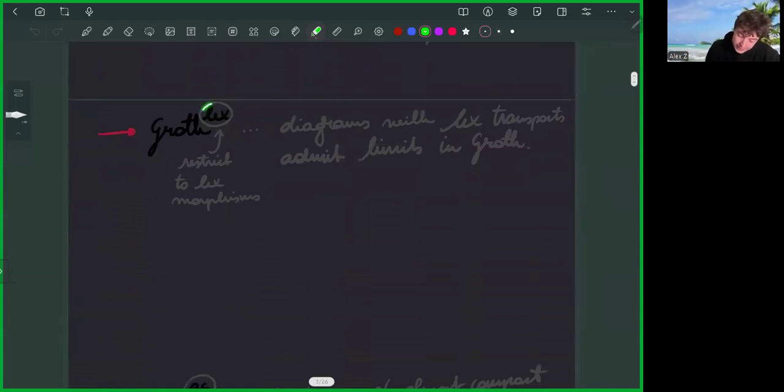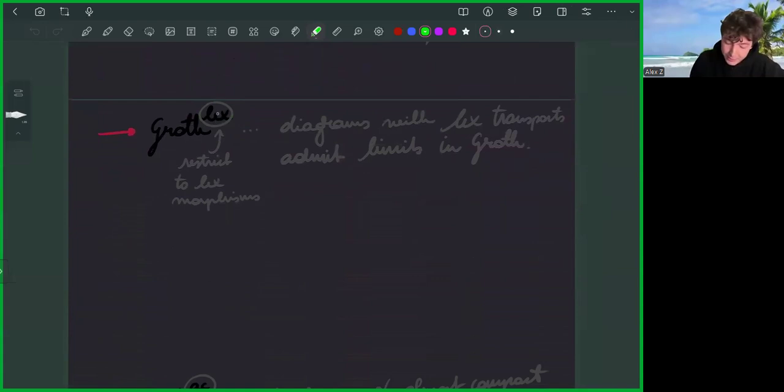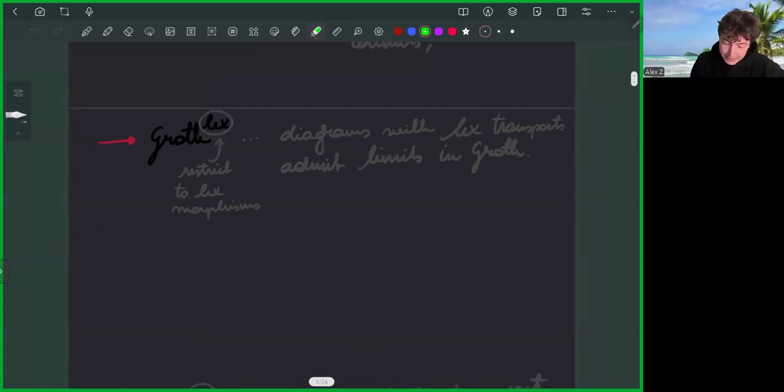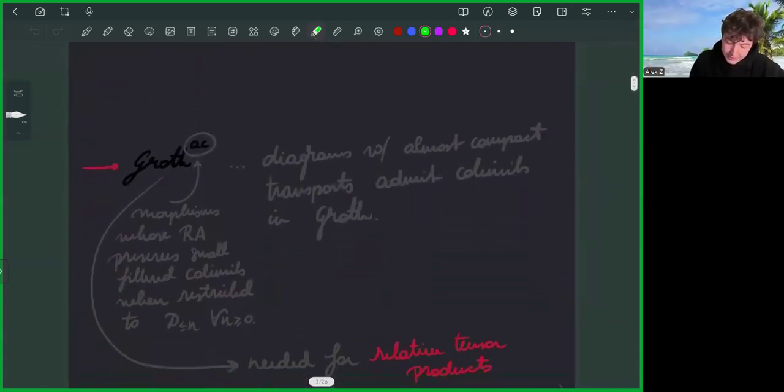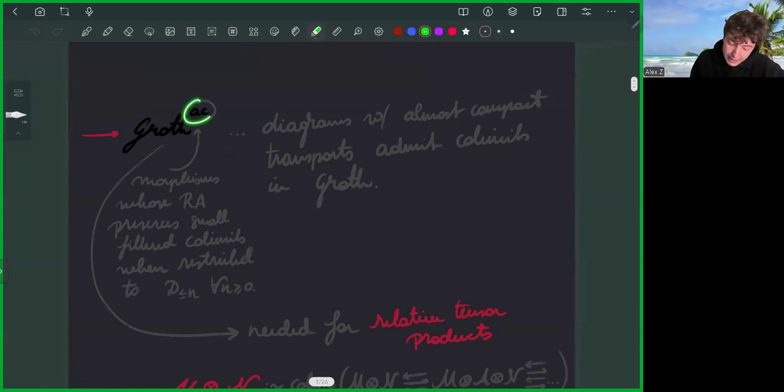So what we did was we restricted to only those morphisms which were lax, so cocontinuous and lax, so preserving finite limits. And it turns out that if we had diagrams inside this category, then these diagrams in fact admitted limits. And analogously, we had this notion of almost compact morphisms between Grothendieck pre-stable categories.